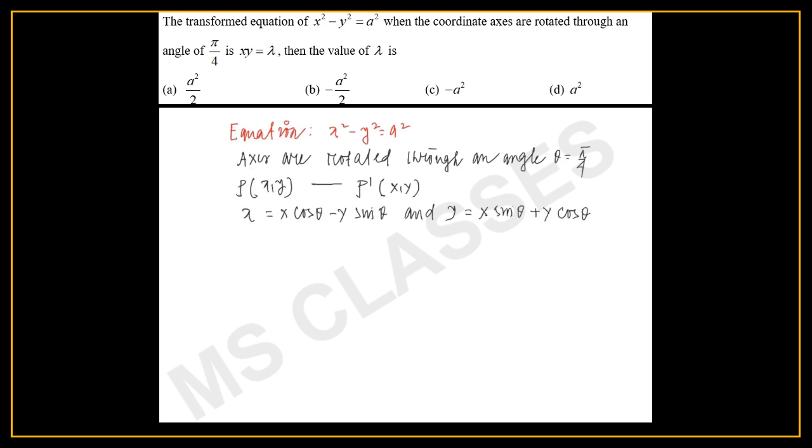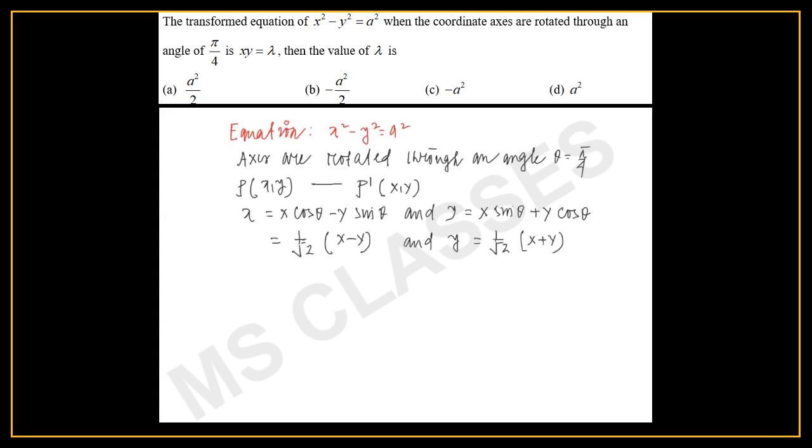I know the value of theta, so if we substitute the value of theta, we get small x equal to 1 by root 2 into capital X minus capital Y. And here we get small y equal to 1 by root 2 outside, capital X plus capital Y. Now we substitute the value of small x and small y in this given equation.